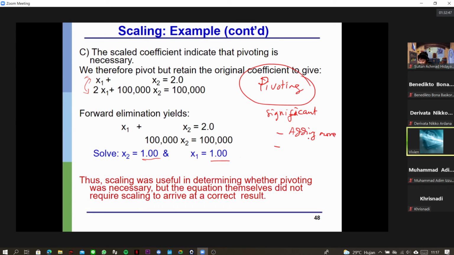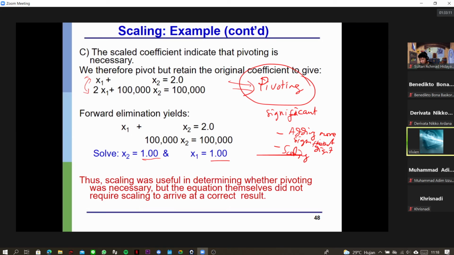But the most important thing is to do pivoting. Scaling as well. Scaling does not have a direct effect on the calculation, but it will help us in determining which rows to be pivoted.